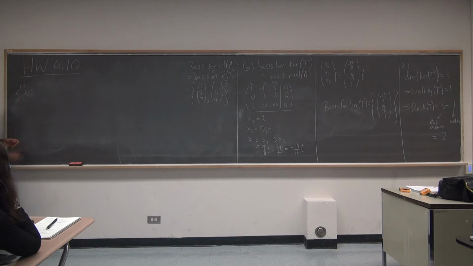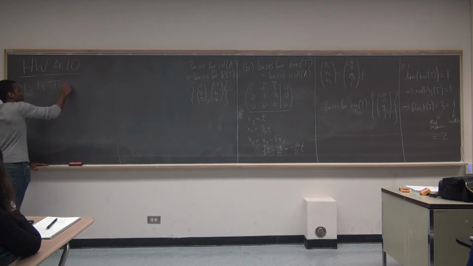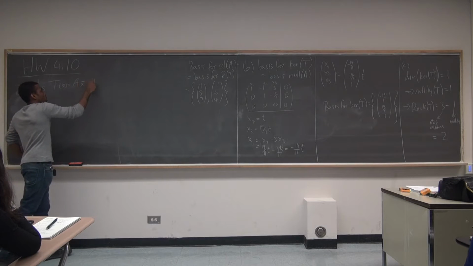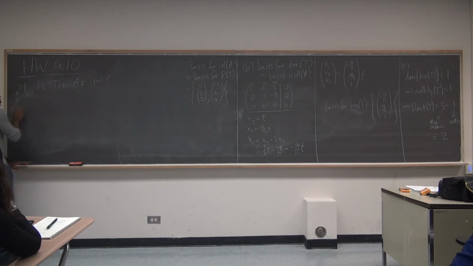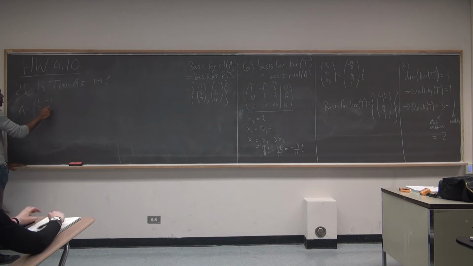So 21, what did that say? Determine whether multiplication by A is a one-to-one matrix transformation. And A is equal to: column 1 would be 1, 2, 3, and column 2 has negative 1, 0, and negative 4.